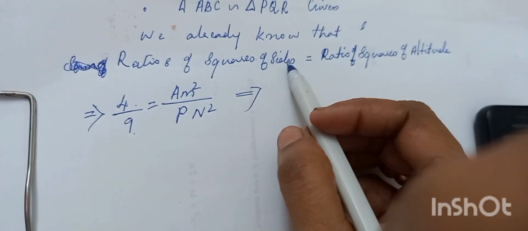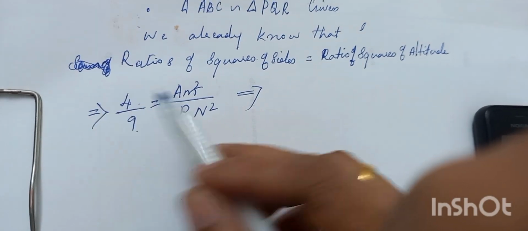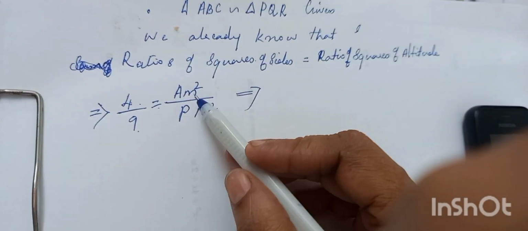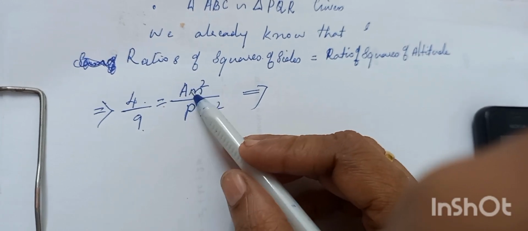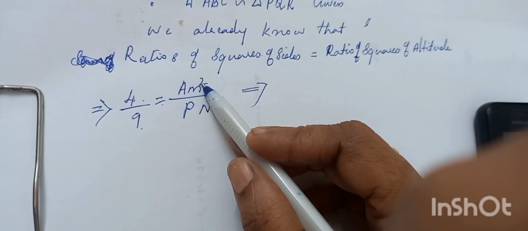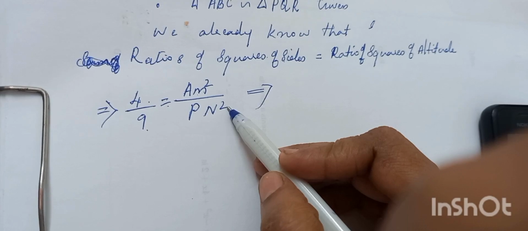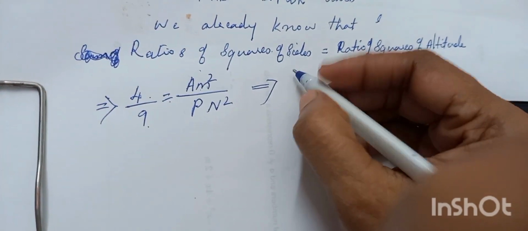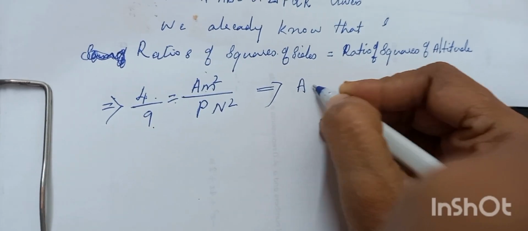Ratio of the squares of side is 4 by 9, it is given, is equal to ratio of squares of altitude. So here altitude square, so AM square by PN square we get.